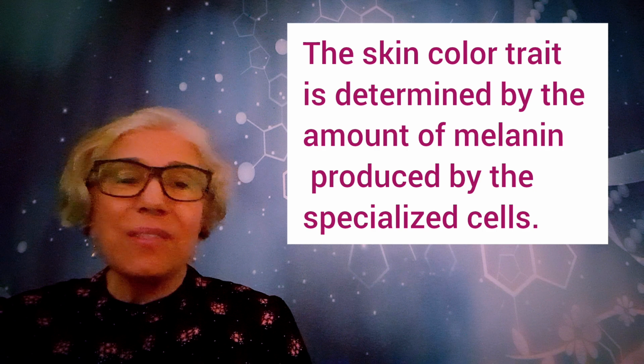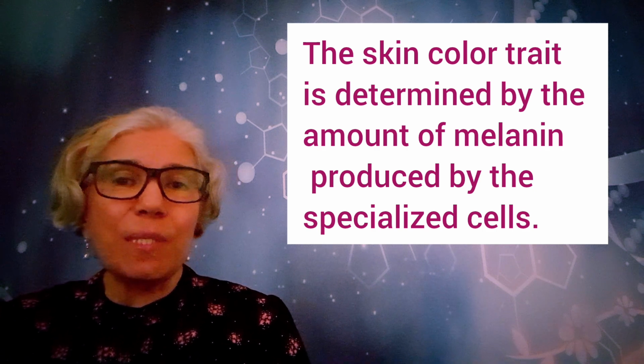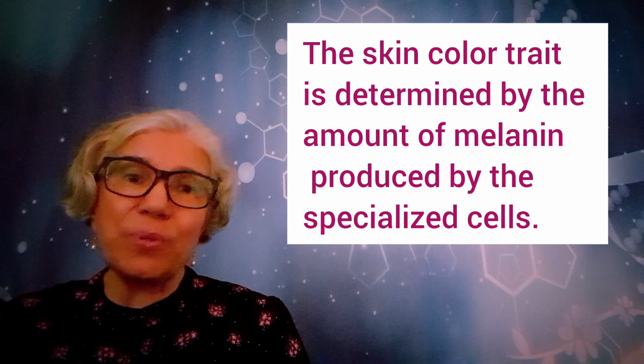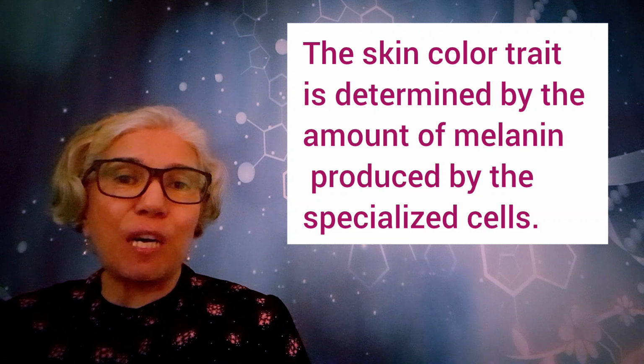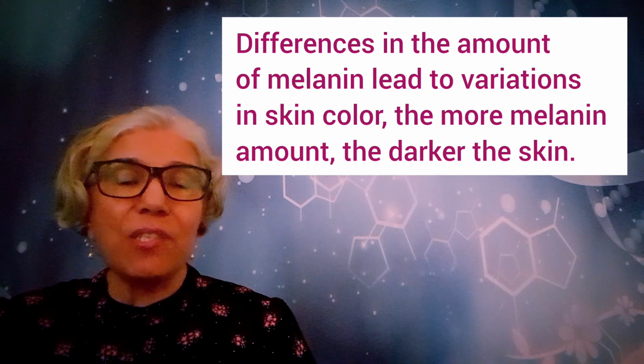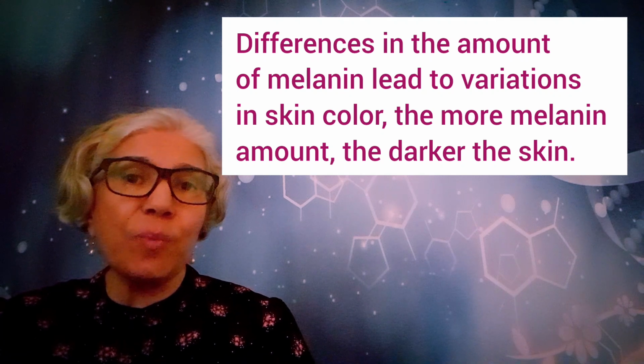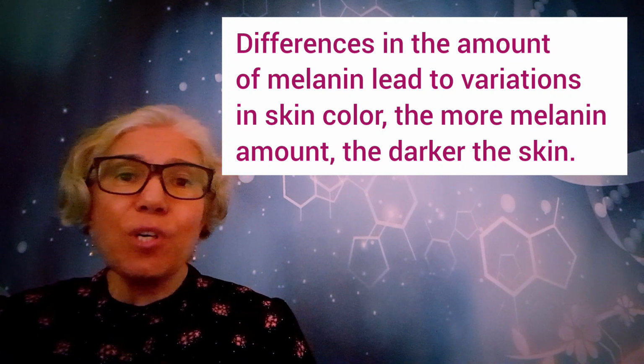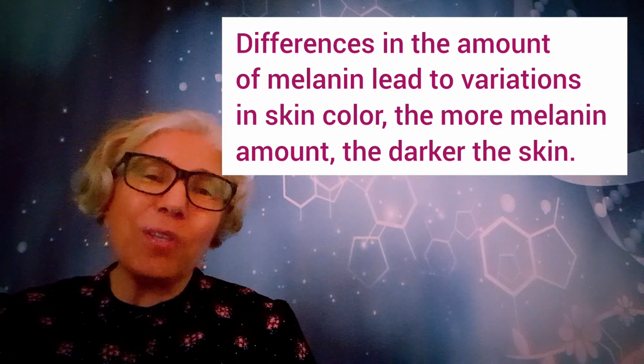Let us take an example of how genes determine the trait. The skin color trait is determined by the amount of melanin protein produced in specialized skin cells. Differences in the amount of melanin produced give rise to the variation in human skin color. The more melanin, the darker the skin.